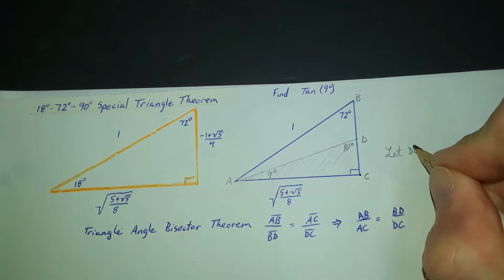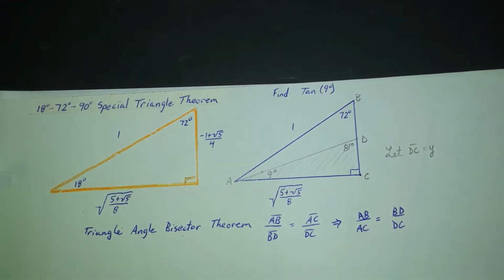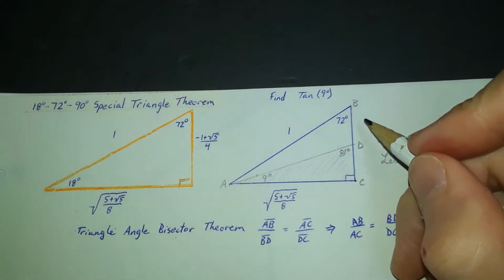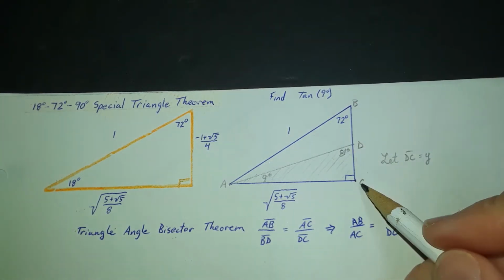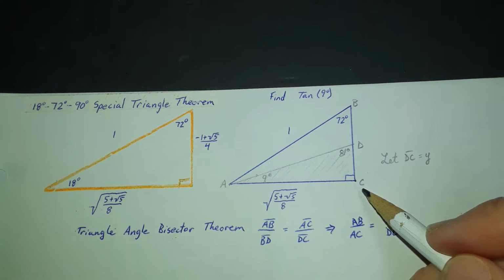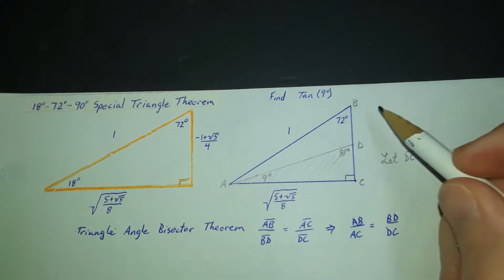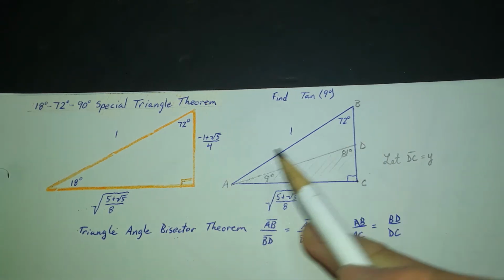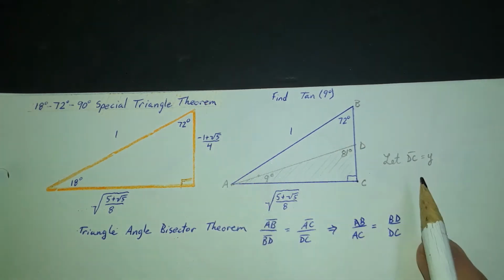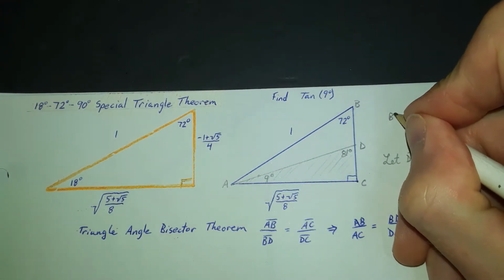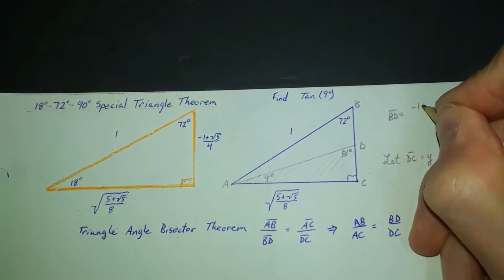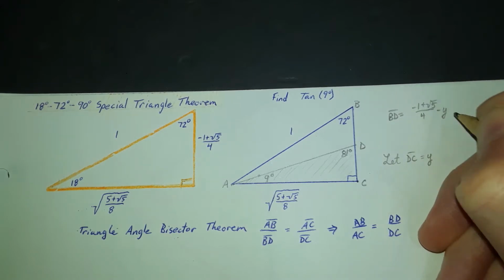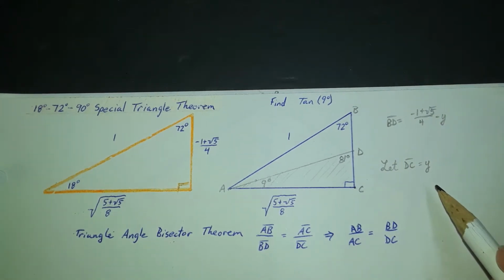I want to let DC equal y, so that BD can be represented in respect to DC. So the entire side length here for BC is this. So it's this number minus this number. So BD is going to be equal to this distance minus whatever the value of y is.